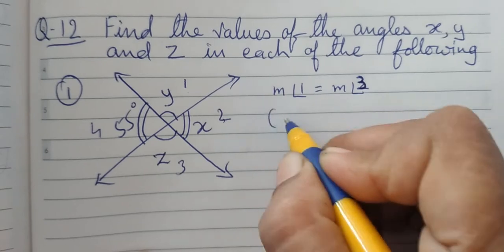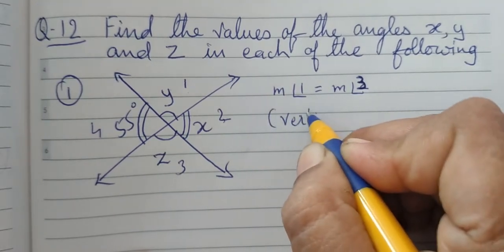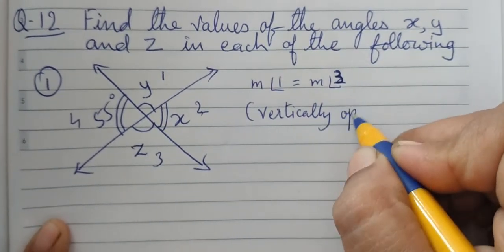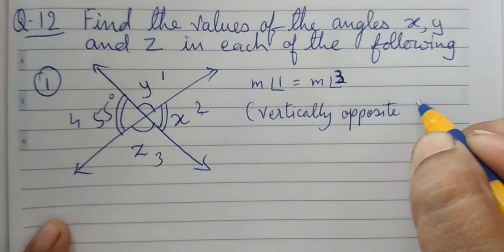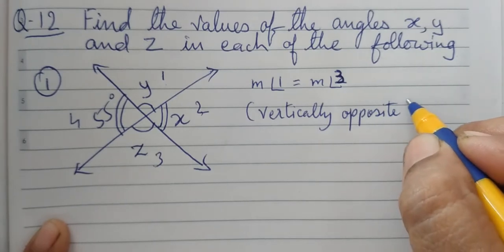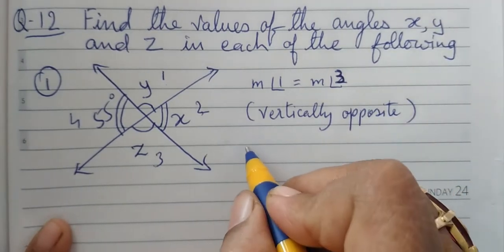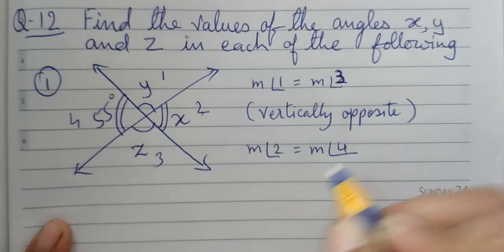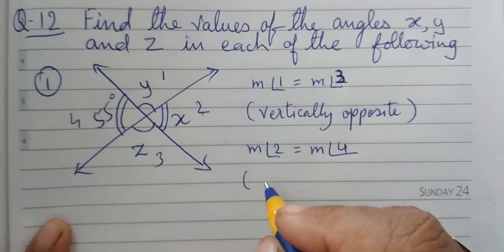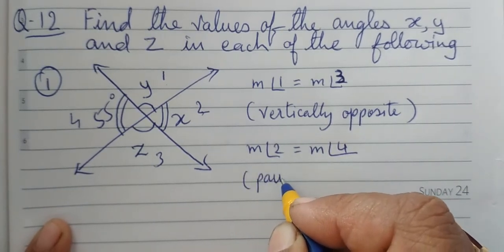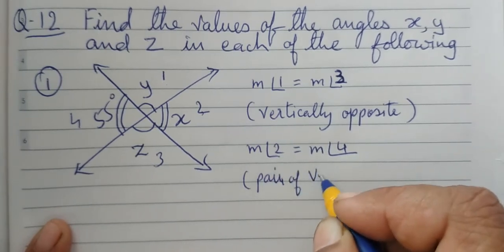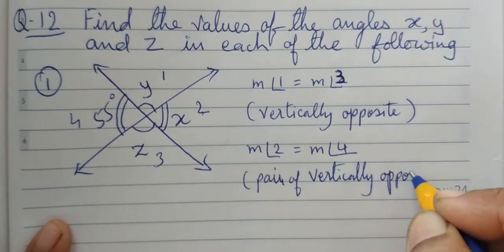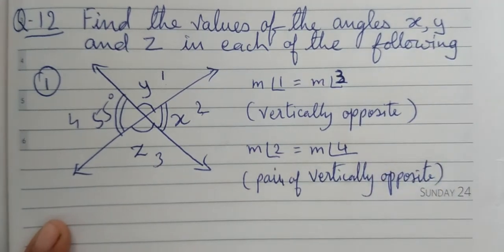The reason is they are vertically opposite to each other. And measure angle 2 is equal to measure angle 4, the same pair of vertically opposite angles.